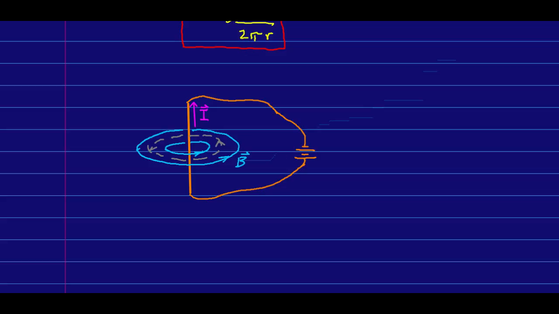But now think about this point and this point. This point is closer to these wires than this point is, and so the strength of the B field here should be very different from the strength of the B field here.